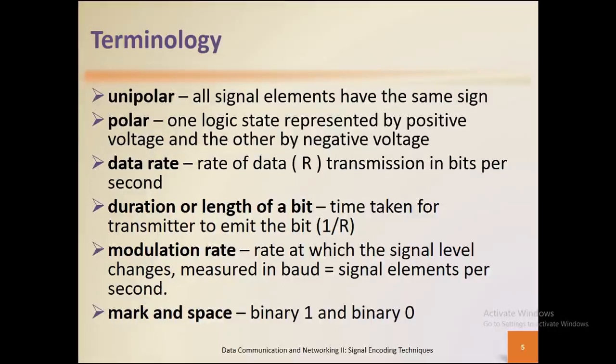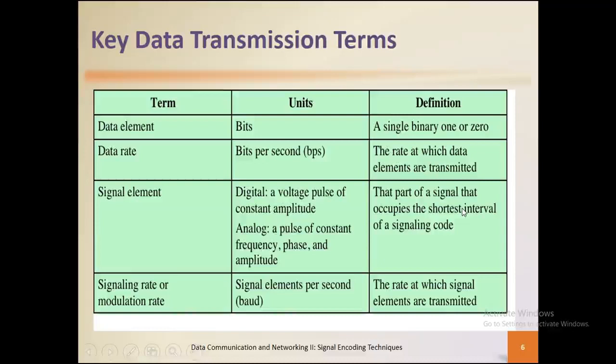And you have a marking space, which uses the binary zeros and ones that we have. Other terminologies: elements, bits, a single binary 1 or 0, data rate, signal elements, and we've taken some of these already.